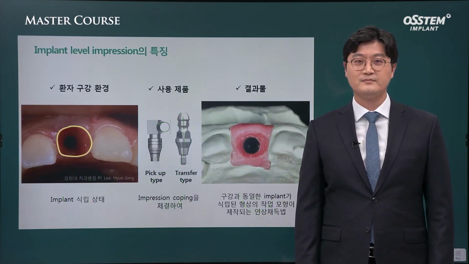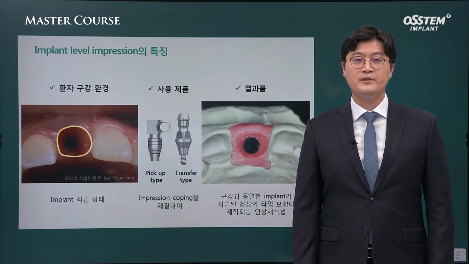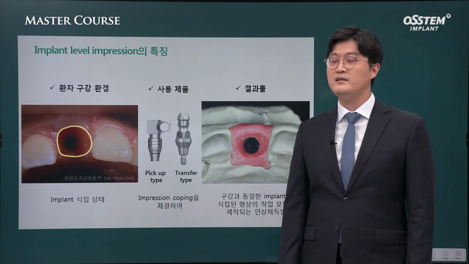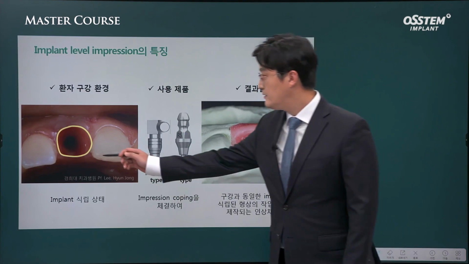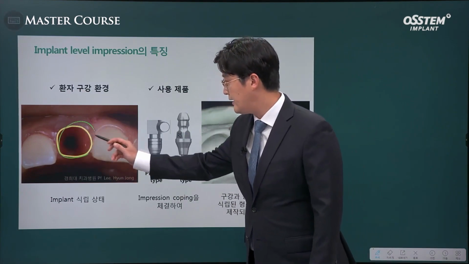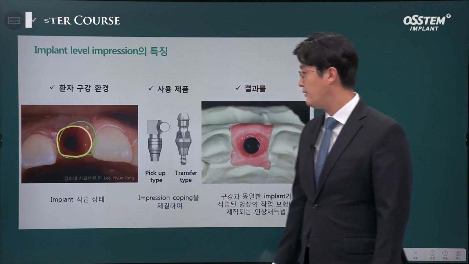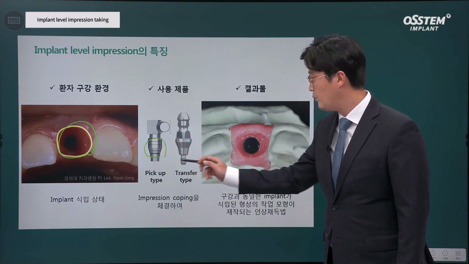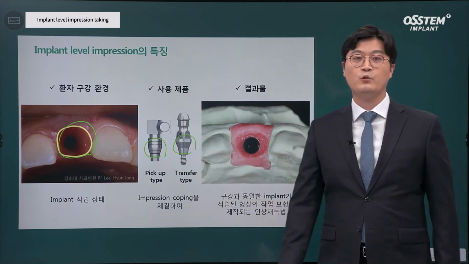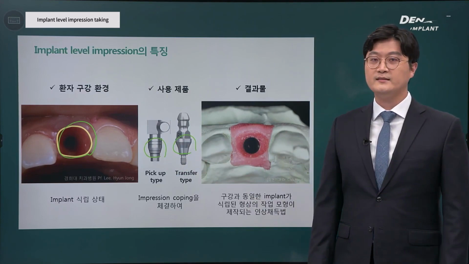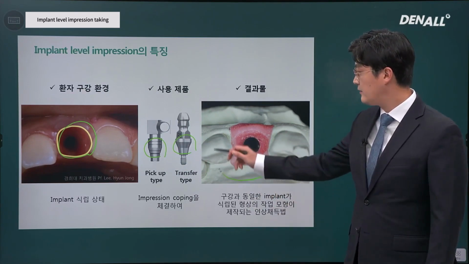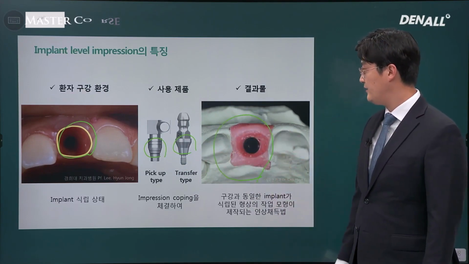Its significance lies in copying accurately the intraoral situation of a patient. Actually, in the mouth, you can see the gingiva where implant is placed. Pickup or transfer type impression coping is used to take impression, followed by the work on the gum and the gypsum model. The result is like this.